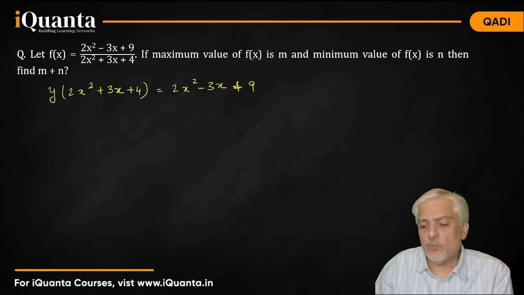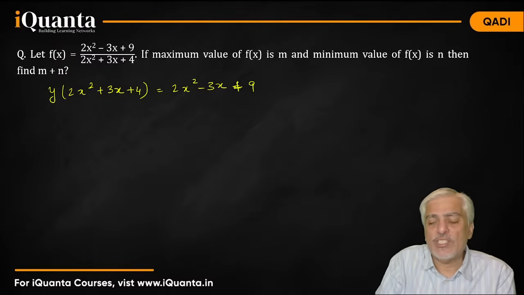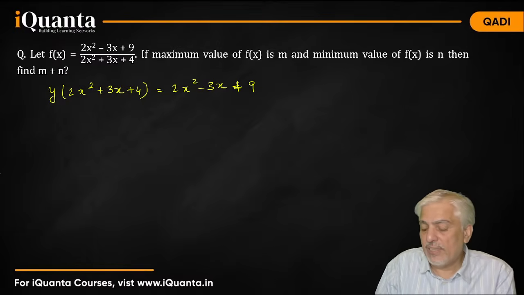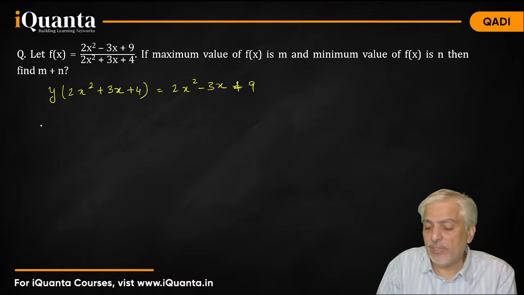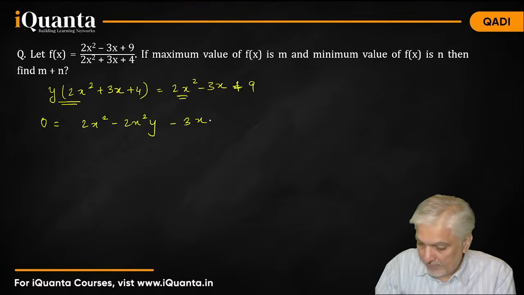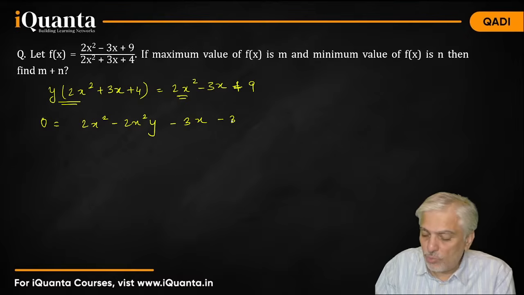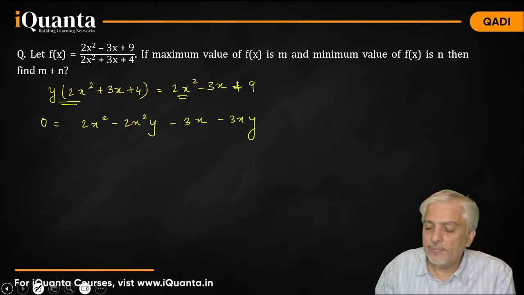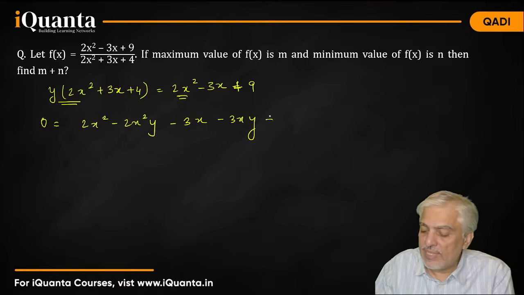Okay, so we've taken this as y is equal to, very similar to one of the CAT questions again this year. But here they've asked for the sum of the minimum and maximum value. So I'll get 0 is equal to 2x square minus 2x square y minus 3x minus 3xy plus 9 minus 4y.